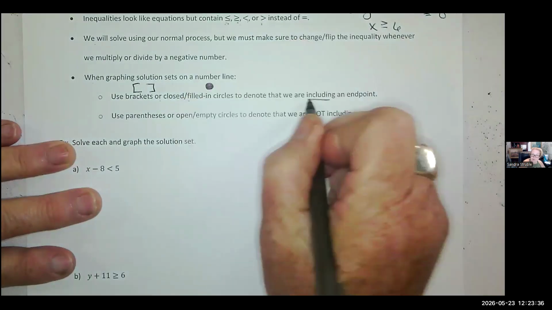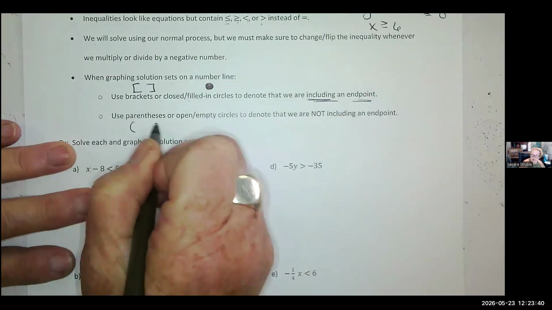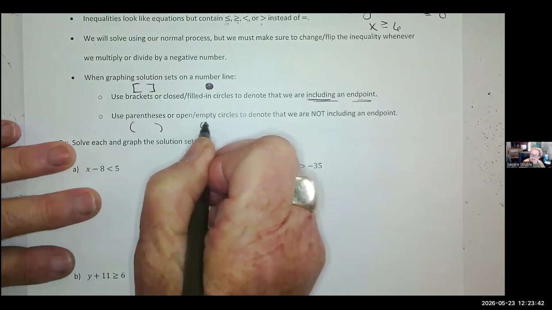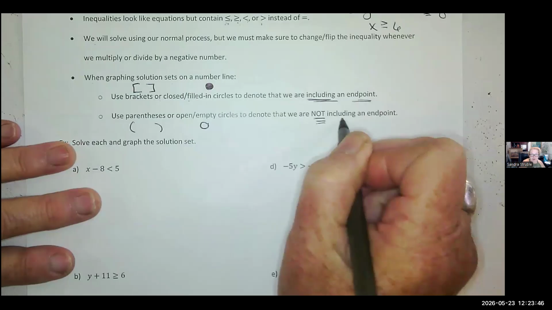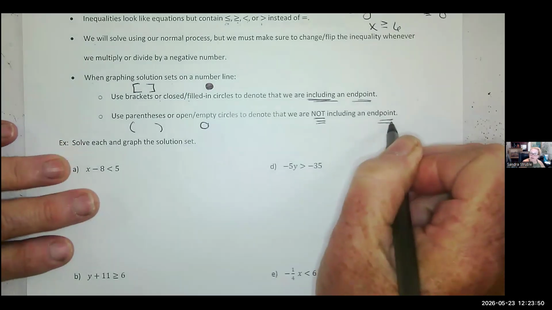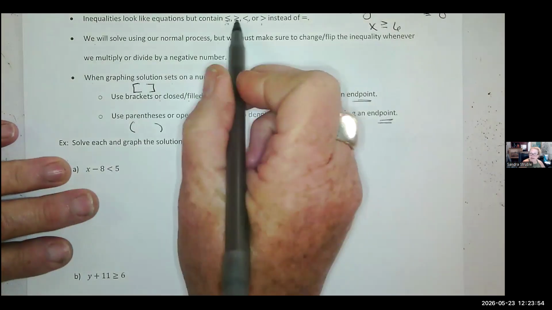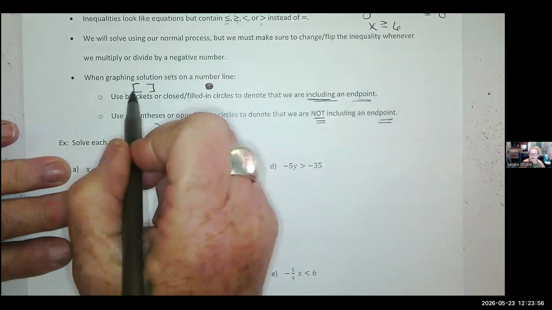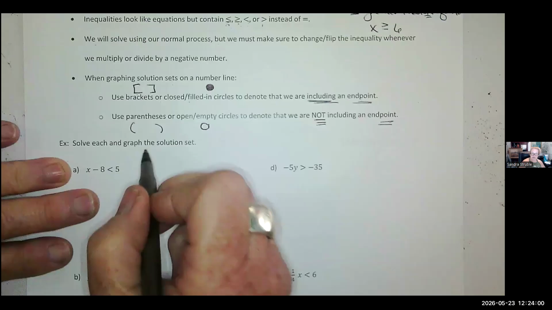You're going to use parentheses or an open, empty circle to denote that we are not including the endpoint. Basically, if it's greater than or equal to or less than or equal to, then bracket. If it's just less than or greater than, it's going to be parentheses or the open circle.